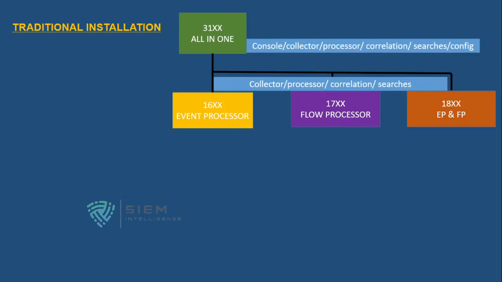So once you start from 31XX, if you feel that this box is handling too much pressure, you can divide it into these parts. Either you can use a 16XX or 17XX, or both in an 18XX box. You can attach it to this particular box.